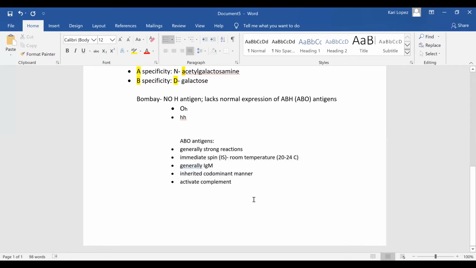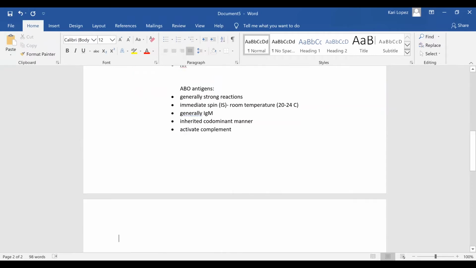Okay, now there is some basic information that I really think helps whenever you're doing forward and reverse or anything to do with ABO typing, and comes up when you get a lot of questions on this. You might know how to do it in the lab, but it's really good to know all the terminologies and where you'd find them.